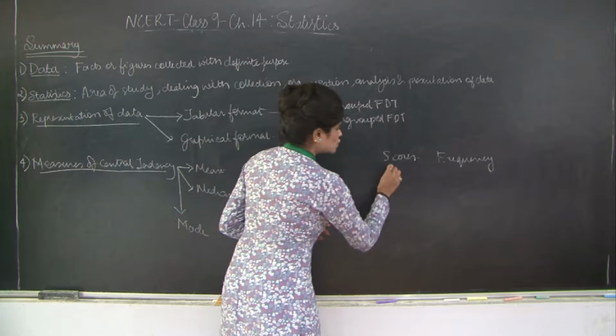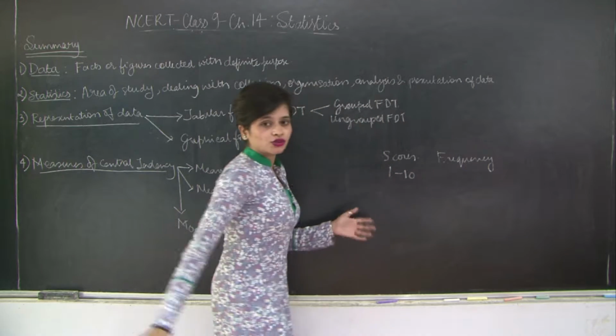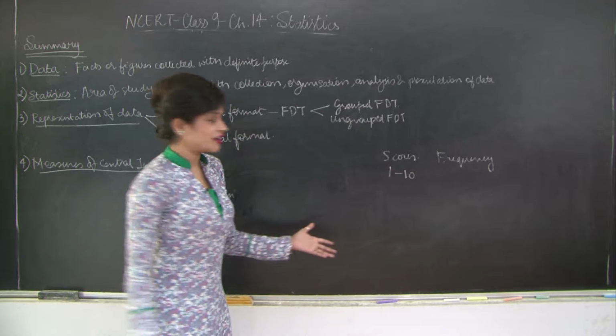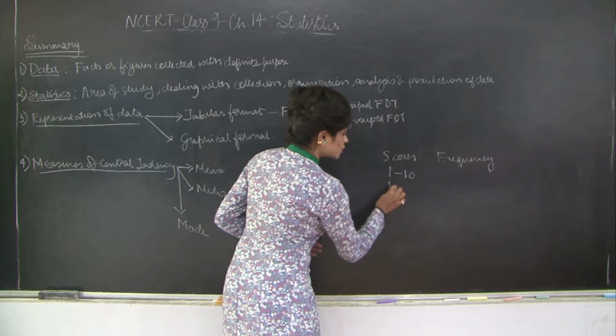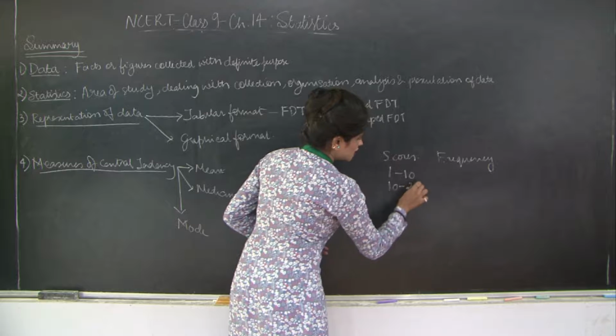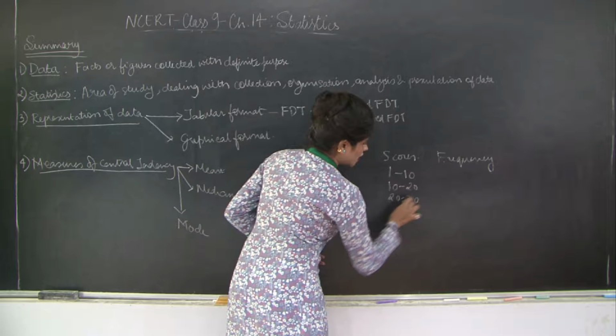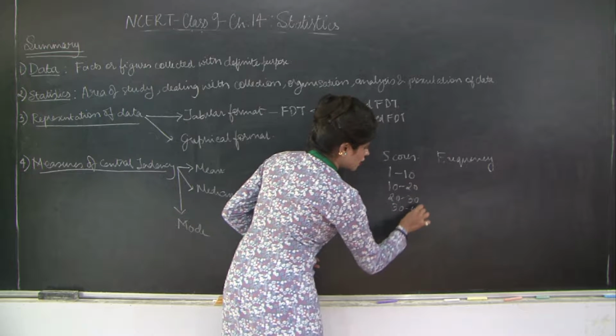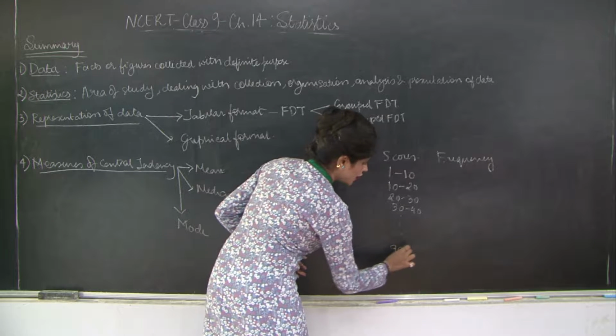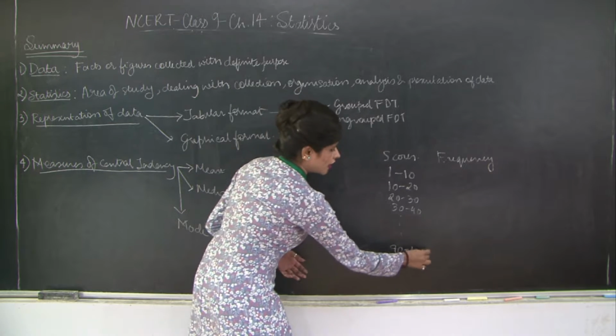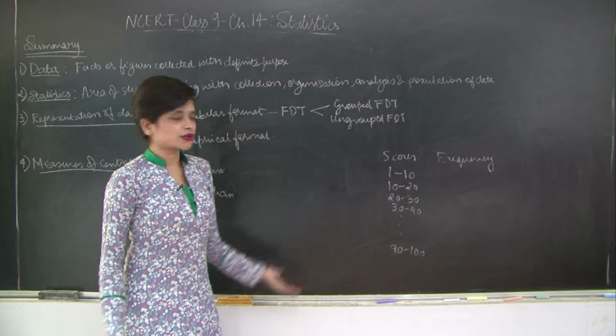From score 1 to 10, let's say the total marks are out of 100, we will list down the various scores: 10 to 20, 20 to 30, 30 to 40, up to 90 to 100. And there are about 30 students in the class.